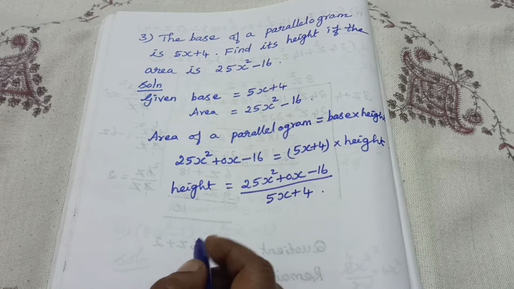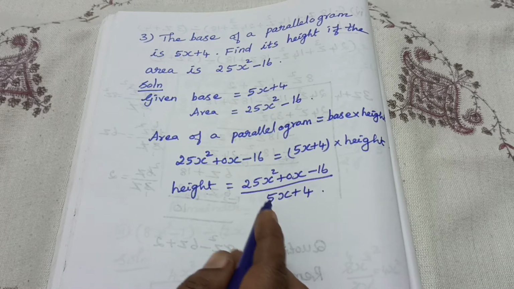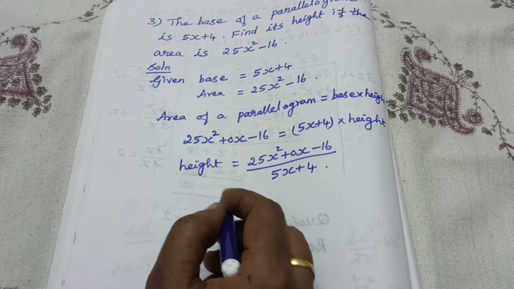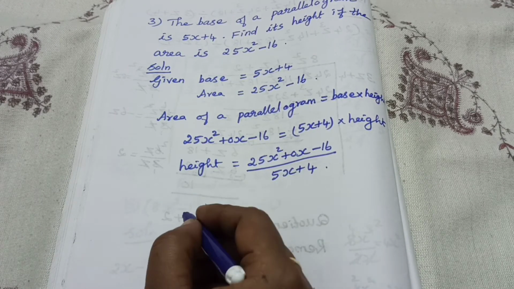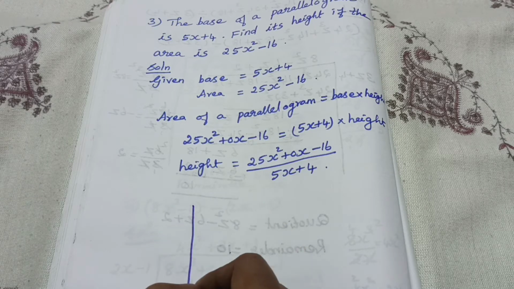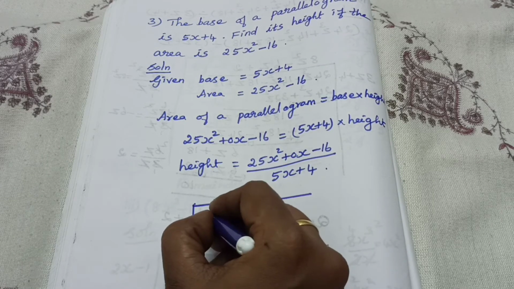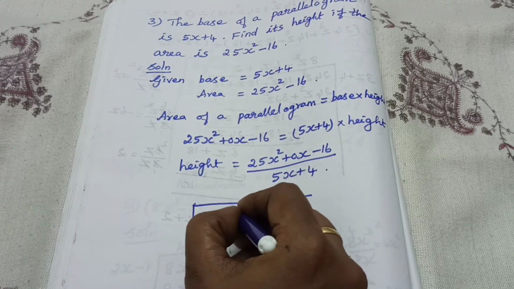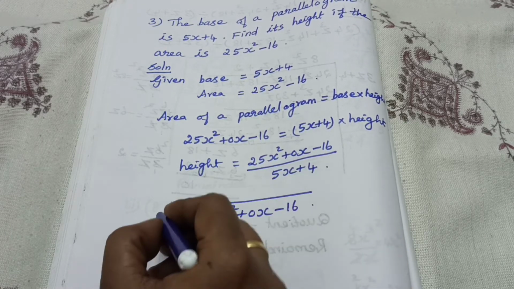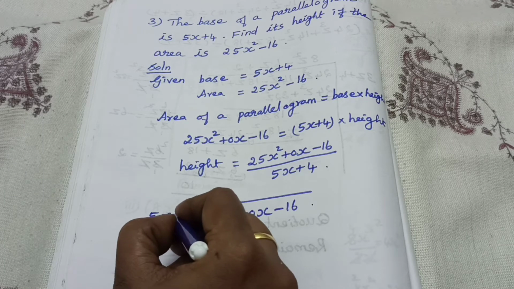Okay, then shall we divide this? Then you will get the answer. The quotient is the answer. Okay, shall we divide? Here 25x square plus 0x minus 16 divided by 5x plus 4.